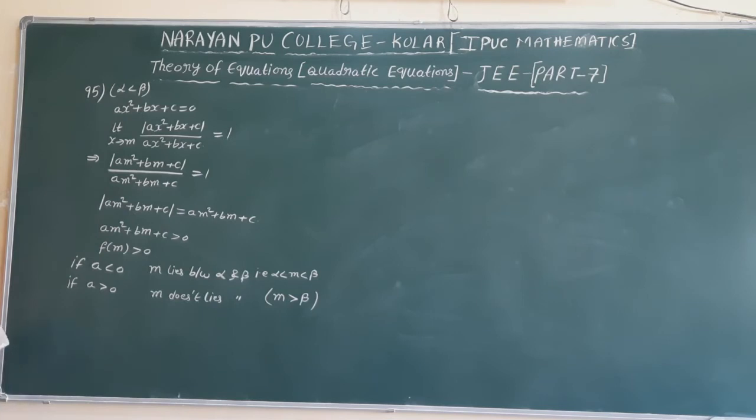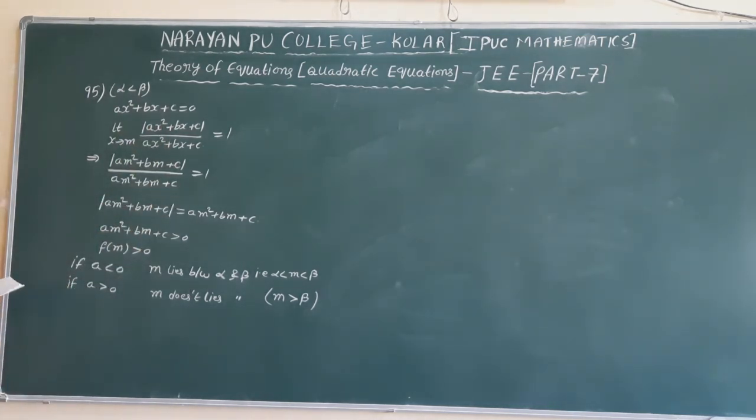So we need to check which options will be satisfied. For a less than 0, m lies between alpha and beta, but according to the fourth option, whenever a is less than 0, m is greater than beta, so the fourth option is not satisfied.